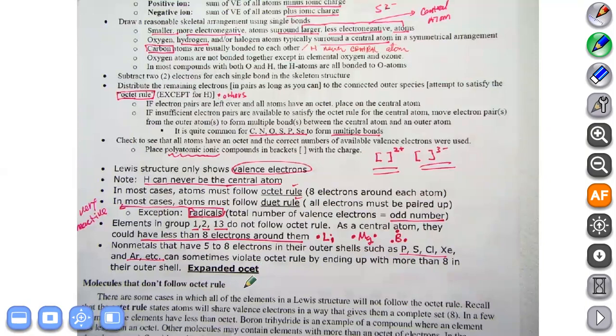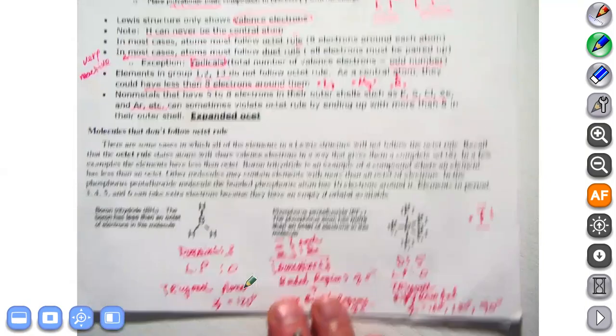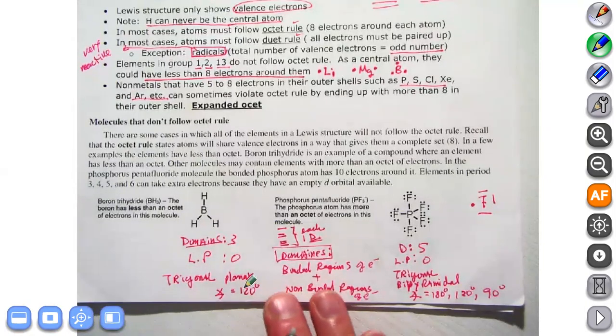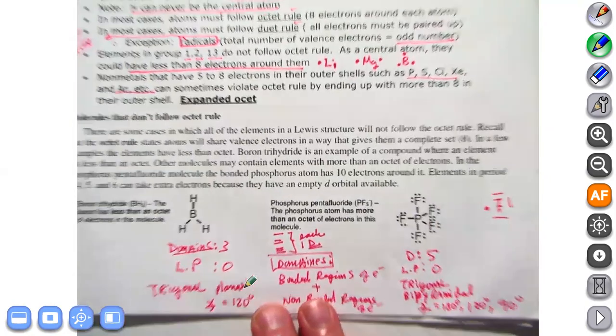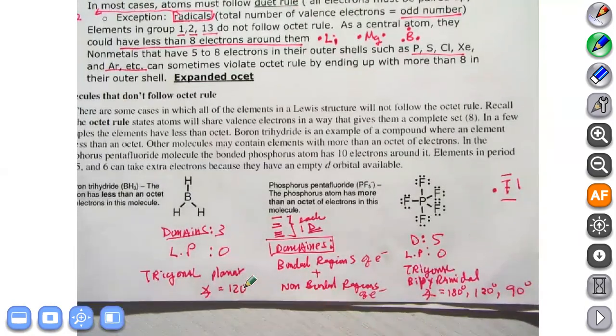Take a look at the bottom of the page. So let's see what these exceptions to the octet rule will look like. So when you have BH3, that would be one of the exceptions to the octet rule, and it will look like this. So let's talk about what we mean by domains.